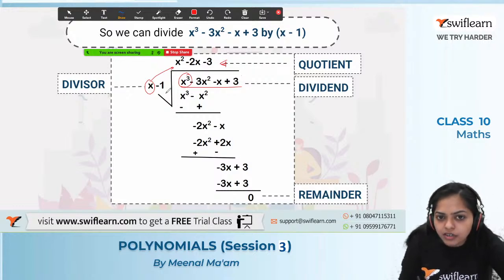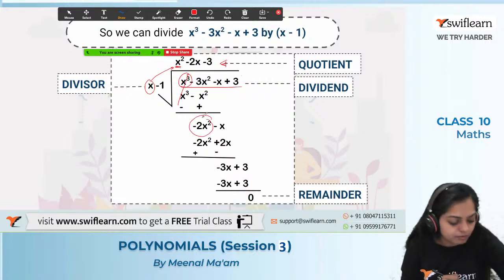And minus 1 times x square means minus x square. So x cube minus x square, then I have to cancel this. By changing the sign, this changes to negative and this changes to positive. So I will be left with 3x square minus, that is plus x square... so I will be left with minus 2x square. Got it?